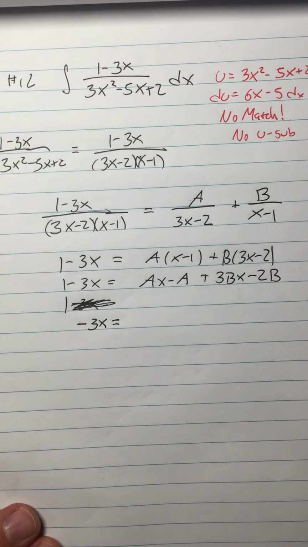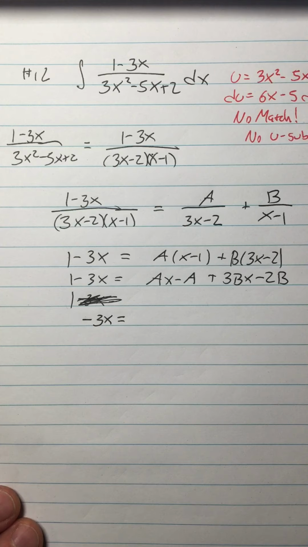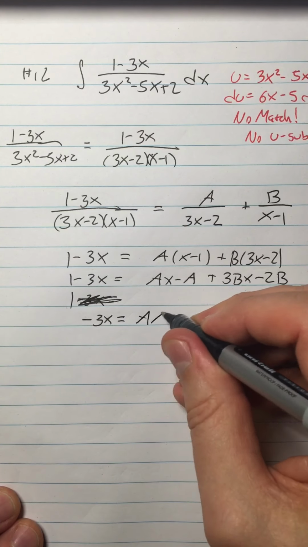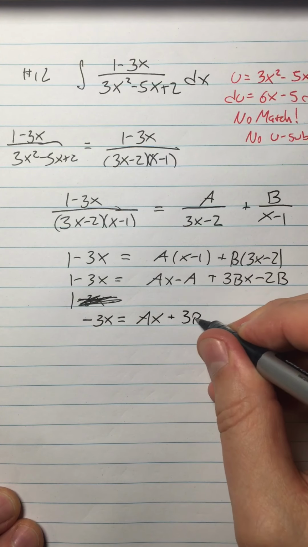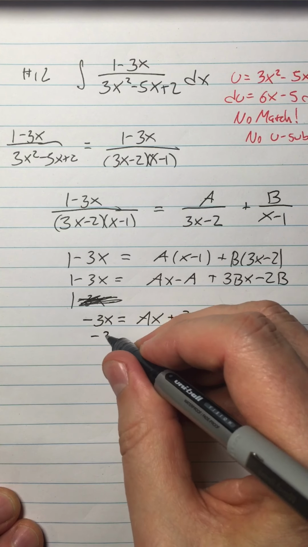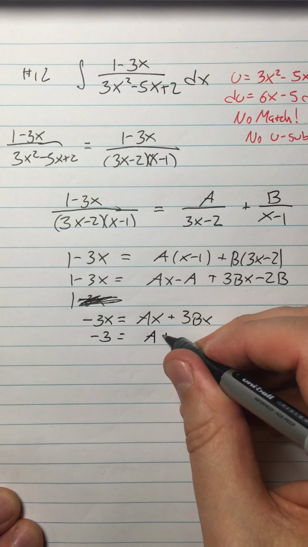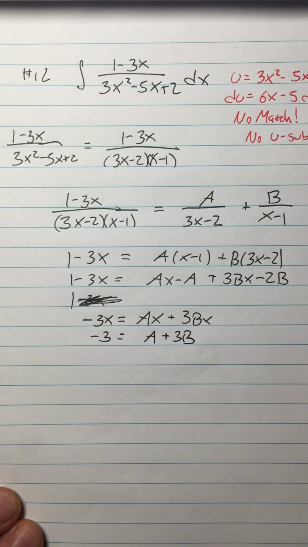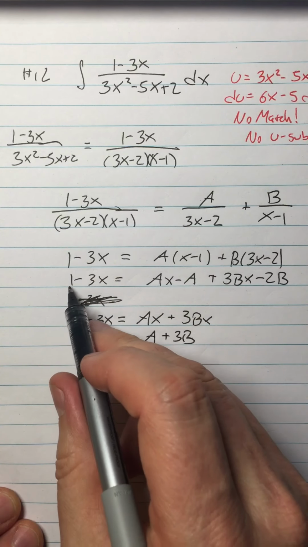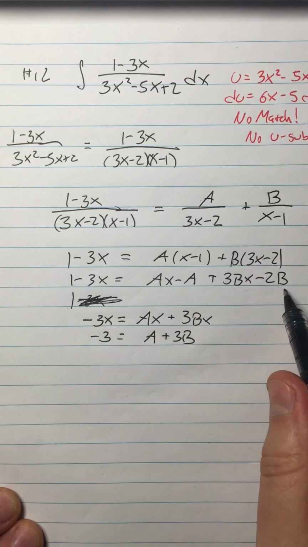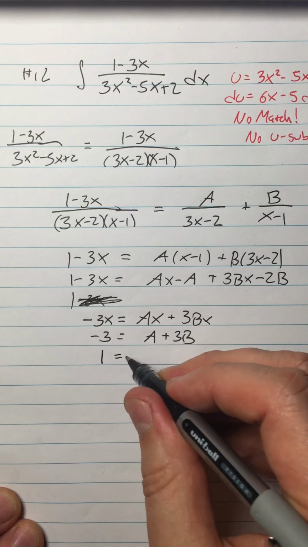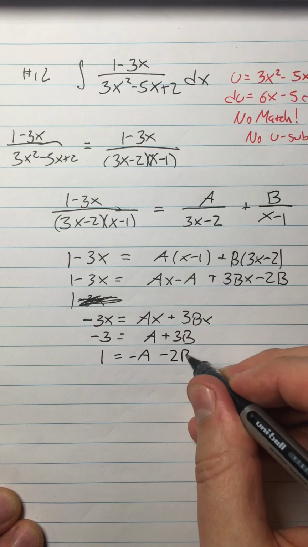So I have Ax plus 3Bx, which tells me that negative 3 equals A plus 3B. And then when I equate the constant parts, the 1, the minus A, the minus 2B, I have 1 equals negative A minus 2B.